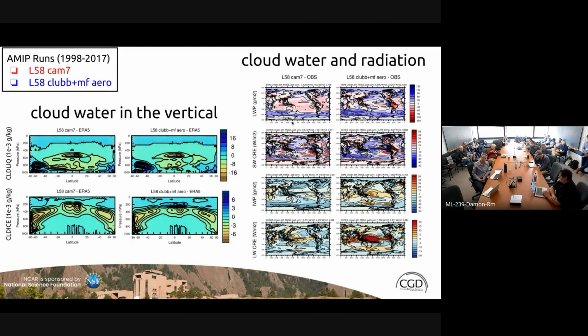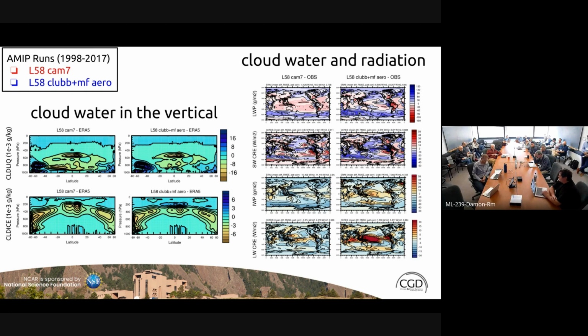This is shown here in a map plot, showing the same thing for the liquid water path, CAM 7 minus OBS. So we have all this red, or dry reduction in cloud liquid relative to OBS in the subtropics. And if you go to CLUBB-MF Aero, you moisten up those regions quite a bit more, but you kind of moisten up everywhere. So now your Southern Ocean regions have a little too much ice water path compared to observations.